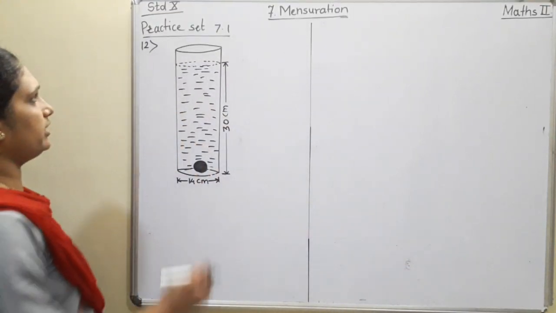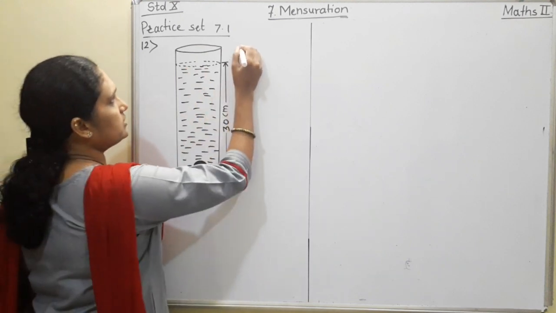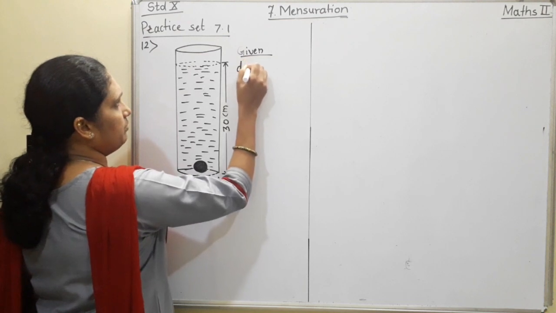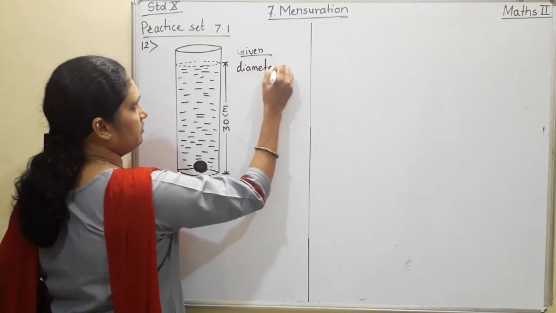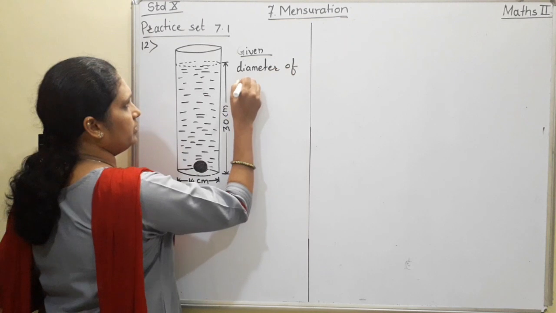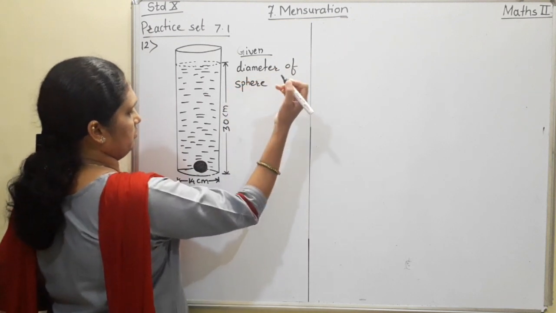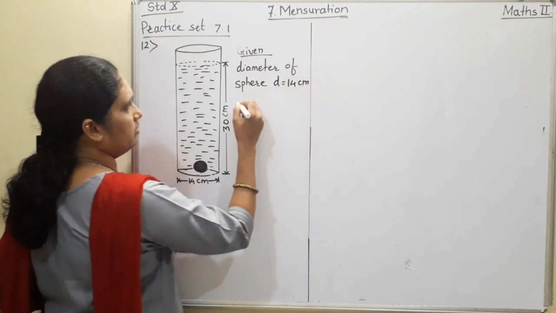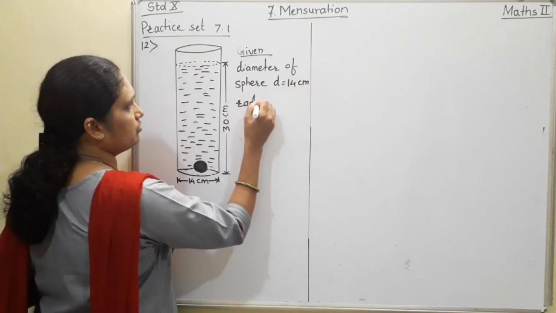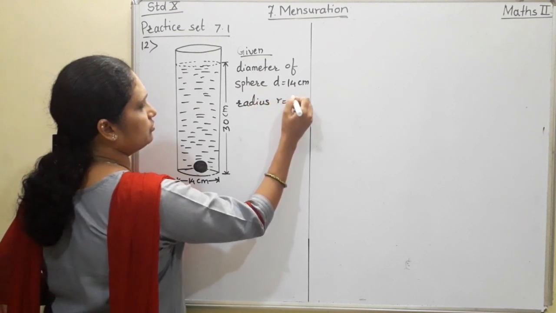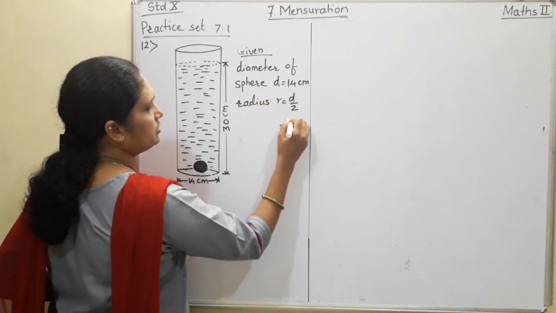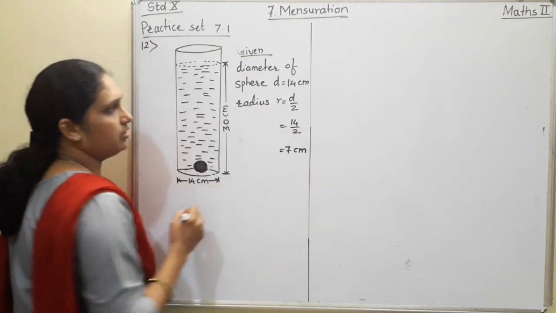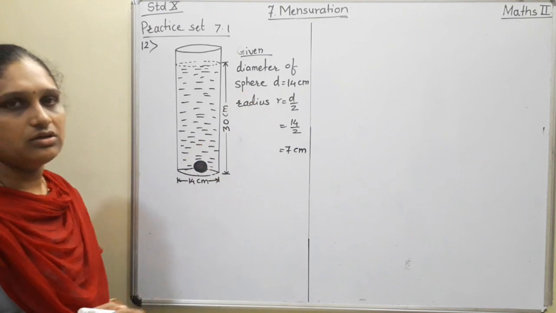See, for that we'll write the given. So what is given? Diameter of the sphere is given, D is equal to 14 centimeter. So we can find the radius. So radius R is equal to D upon 2, which is 14 upon 2 is 7 centimeter. So this is the radius of the sphere.